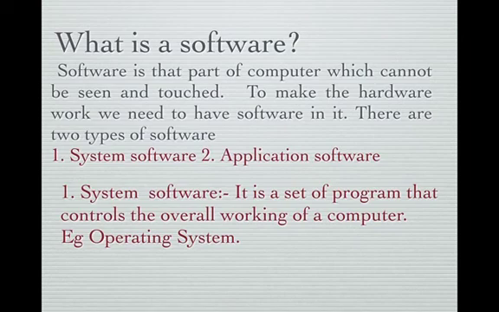You might have heard about different operating systems. Somebody says I have Windows 8, somebody says I have Windows 10. These are all different names of operating systems. There is a variety of operating systems available, right? An operating system is a part of system software that makes a computer run. It manages all the input and output operations, right? It also manages the link between the different parts of the computer and the user.